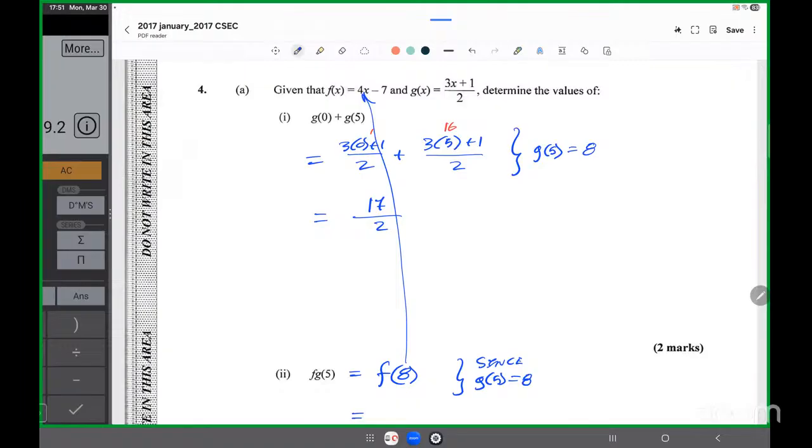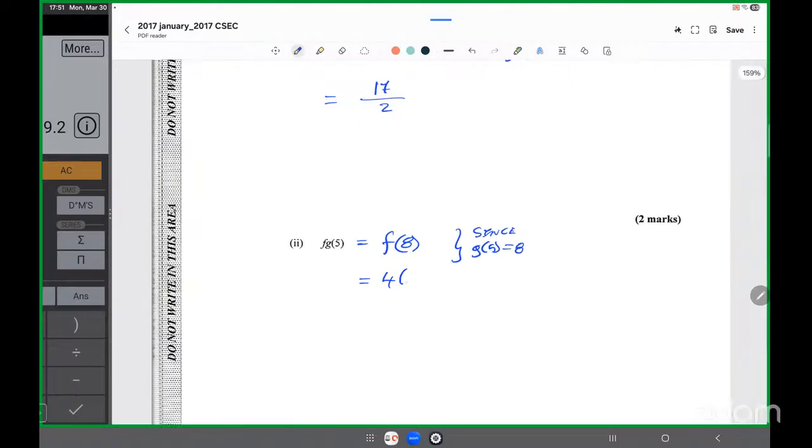So it becomes 4 times 8 minus 7. 32 minus 7 is how much? 25. The answer is 25.